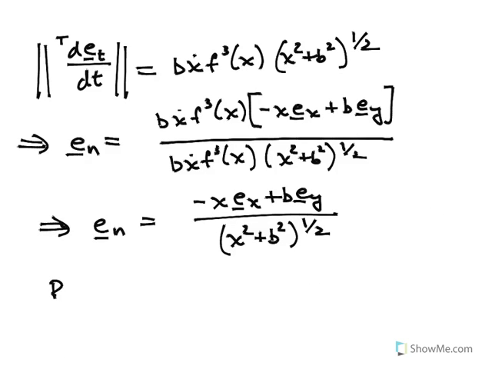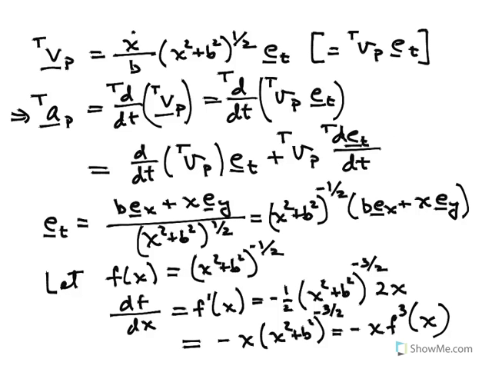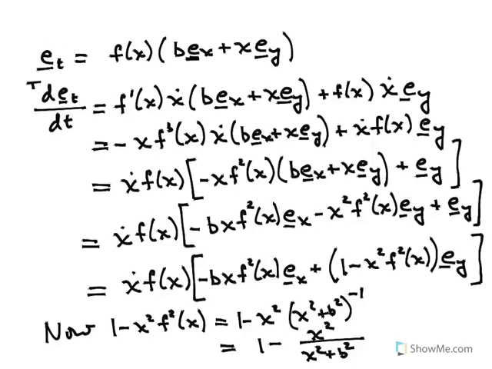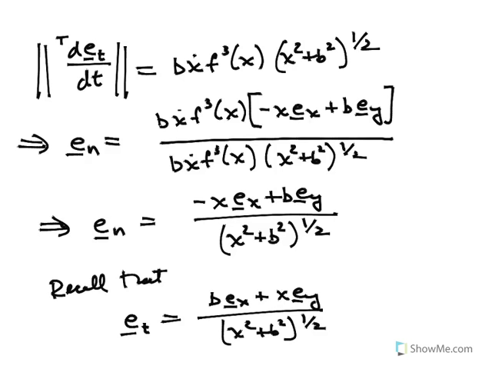So recall that E sub t is equal to, let's grab E sub t. E sub t is bex plus xey, all divided by x squared plus b squared to the 1/2.